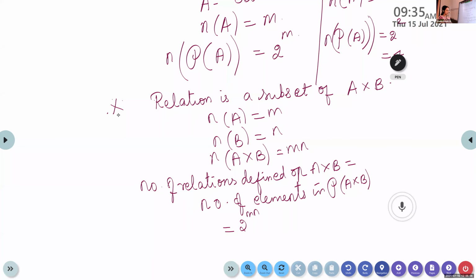Now we want to define the number of relations defined on A cross B. The number of relations defined on A cross B will be the same as the number of elements in the power set of A cross B, which will be 2 raised to mn.